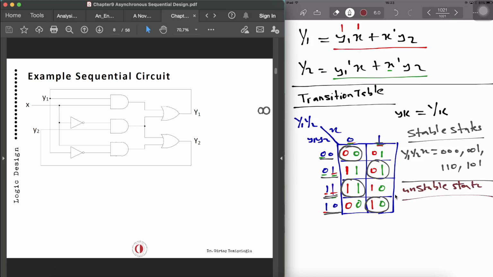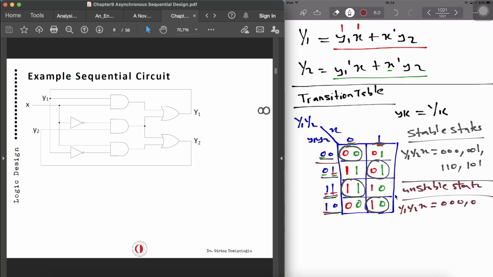So again, y1, y2, x. So 0, 0, 1. And then 0, 1, 0. Sorry, that's 0, 0, 0. This is 0, 0, 0.